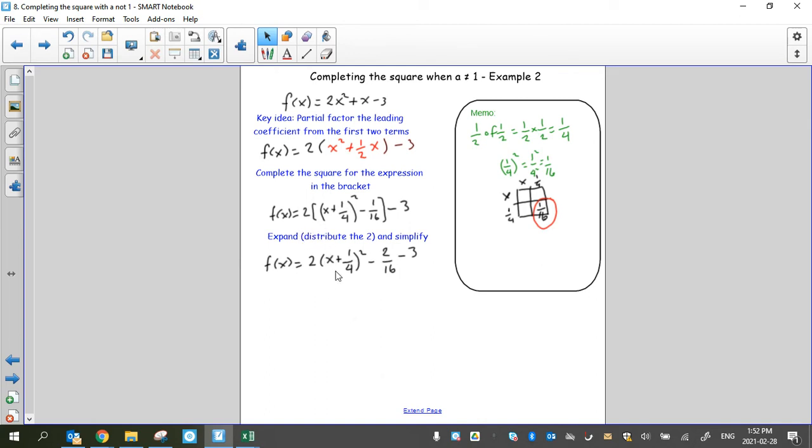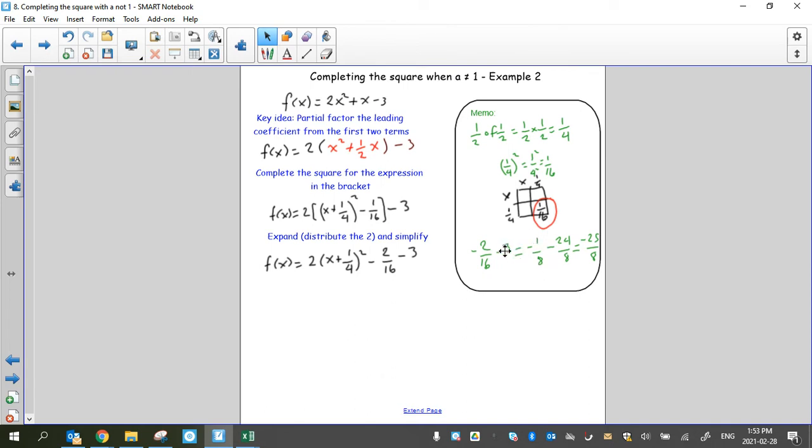2 multiplied by (x + 1/4)² minus 2 multiplied by 1/16, which is −2/16, minus 3. And if we need to recall how to do this bit of fractional calculation, we can think about it this way. −2/16 minus 3: 2/16 is 1/8, so −1/8 minus 3.